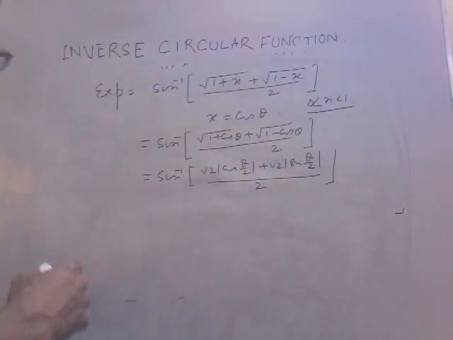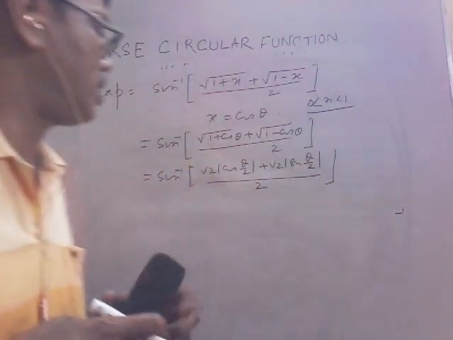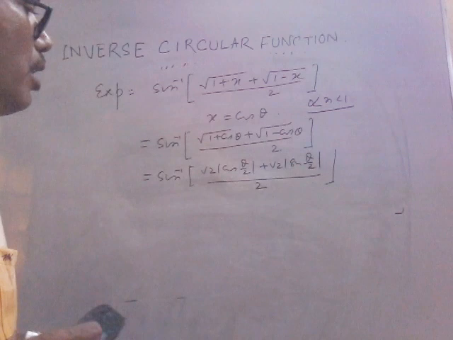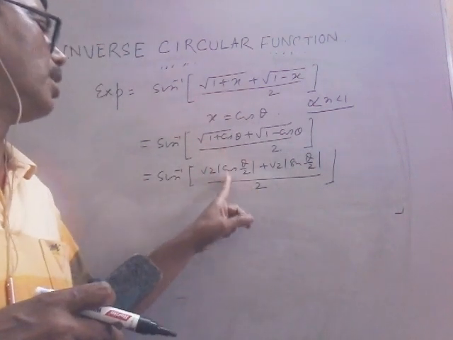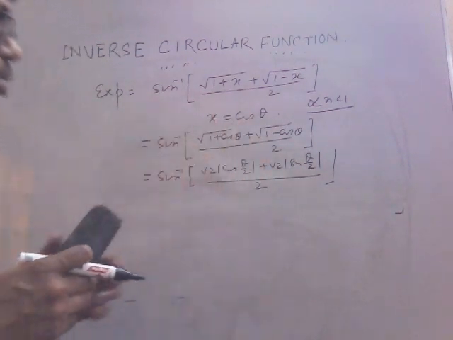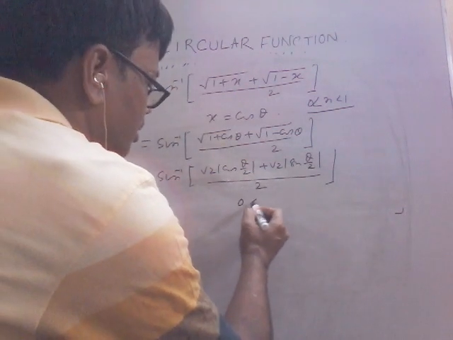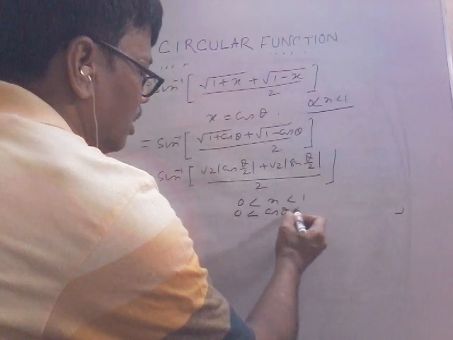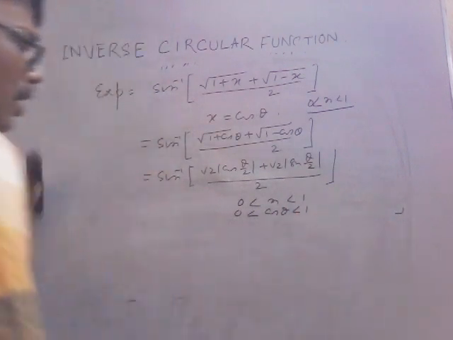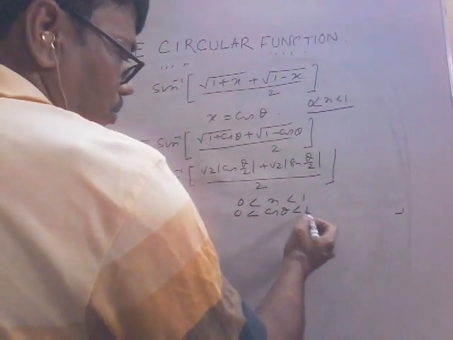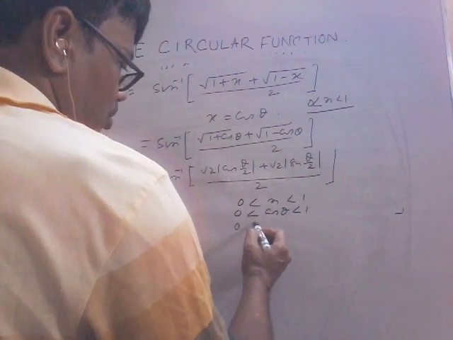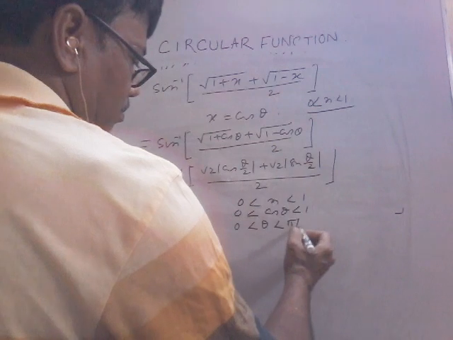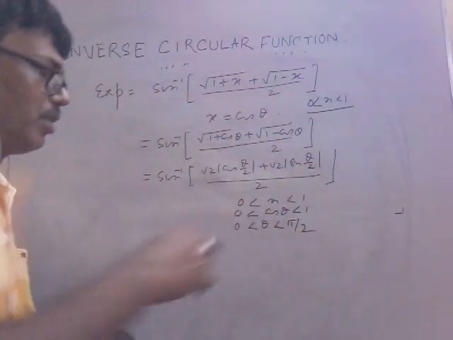So now see the restriction, whether it is plus or minus. In board problems, we generally take it as plus. Why? Look, 0 less than x less than 1, so 0 less than cos theta less than 1. So cos inverse 1 is 0 and cos inverse 0 is pi by 2, so 0 less than theta less than pi by 2.